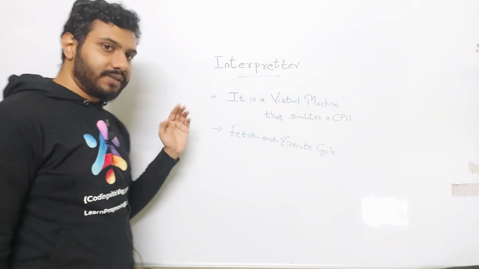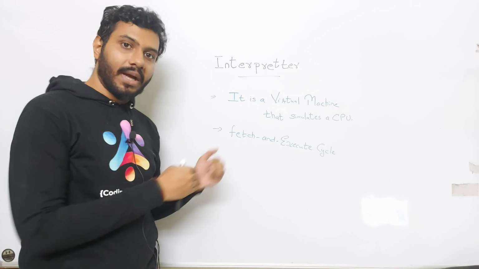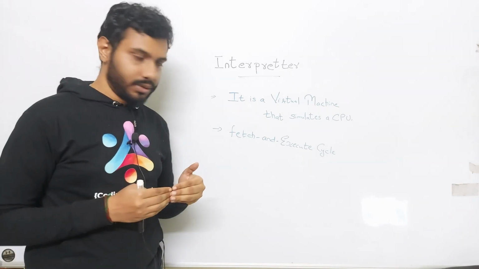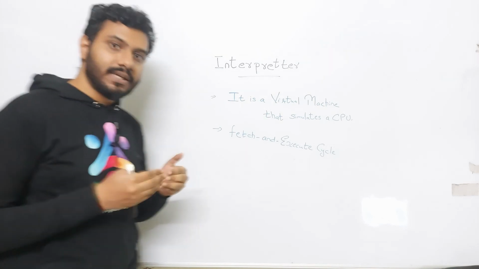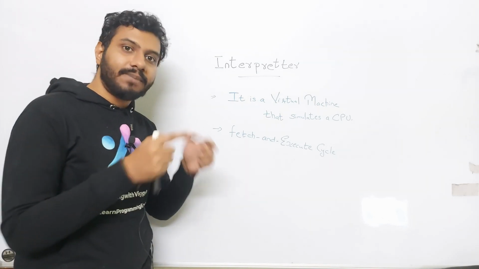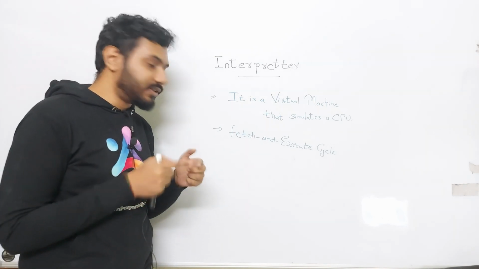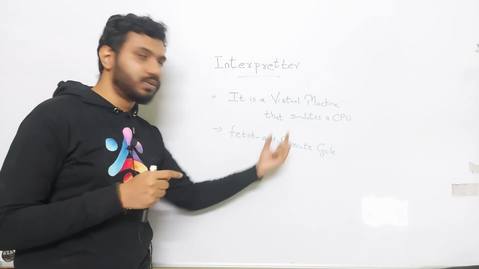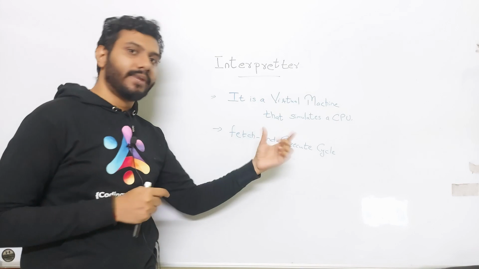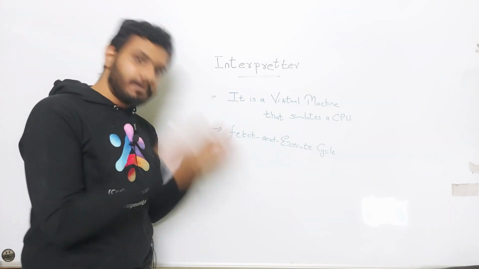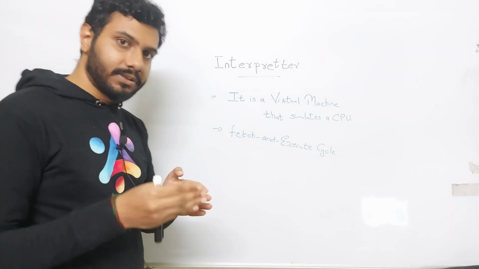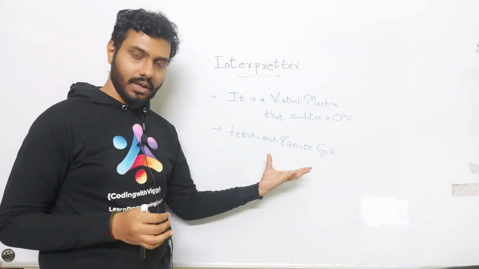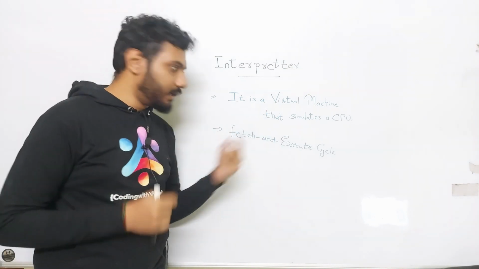Next, in the compiler language, machine code is given as input and the CPU executes that machine code in a fetch and execute cycle. We will see what the fetch and execute cycle is. Similarly, even in an interpreter language, a fetch and execute cycle happens. Don't be afraid about what this is.